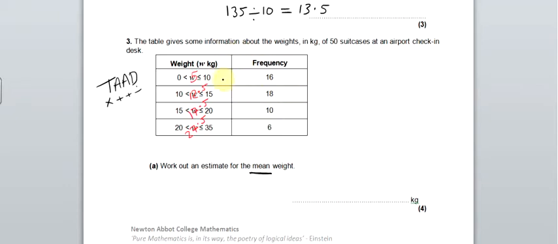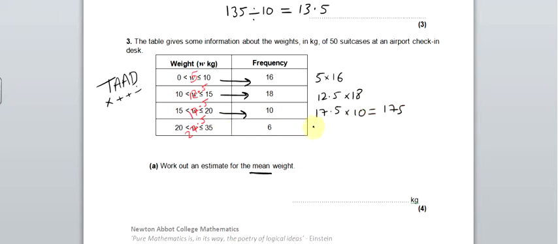So the first step is to times. So we've got 5 times 16, and here we've got 12.5 times 18, and then we've got 17.5 times 10, which is 175. We can do that one.